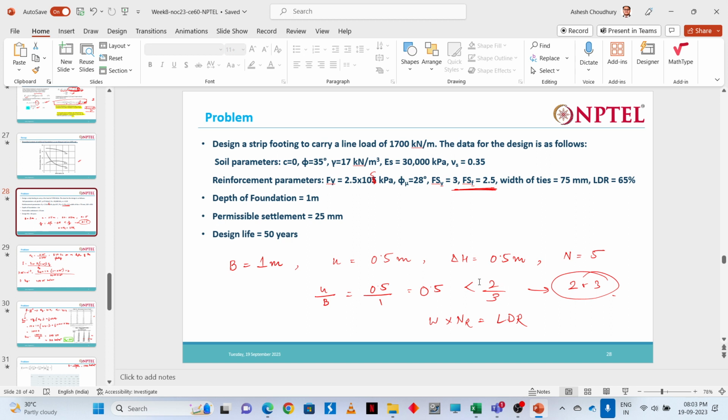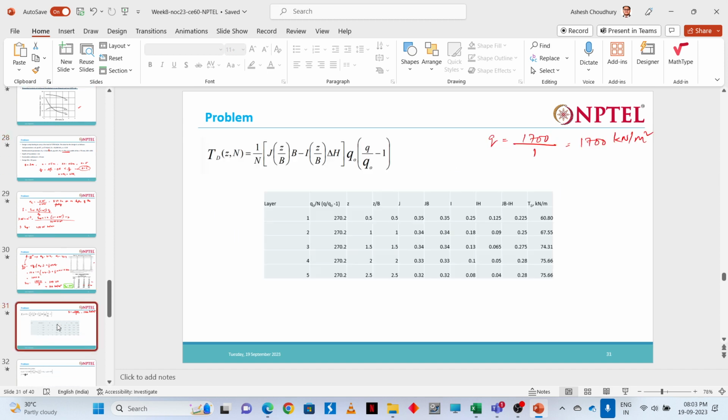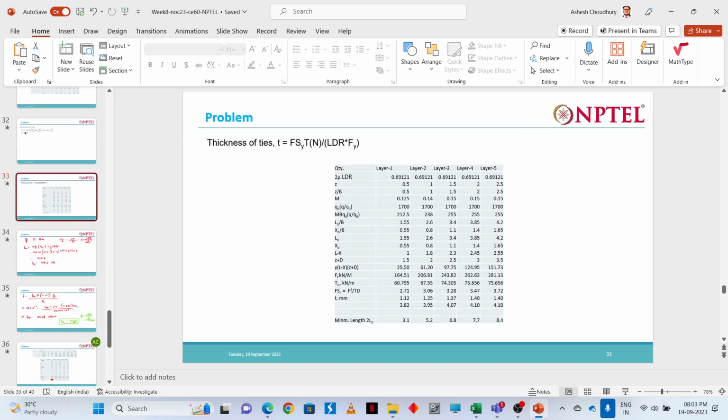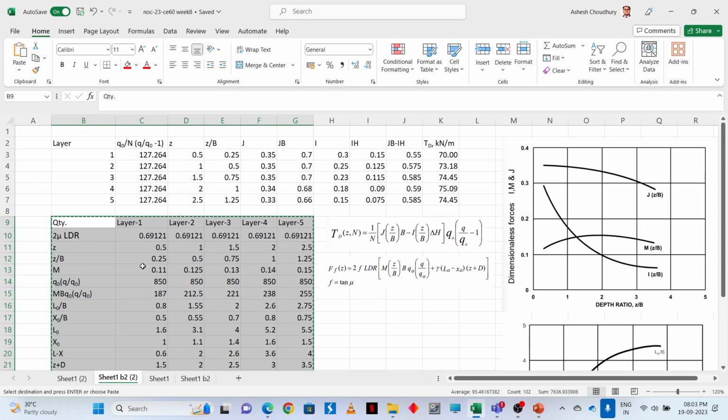Or U also you can increase a bit. Say 0.75 or something like that. Okay. Shall we try once? Shall we check once what will happen if we increase this Z a bit?